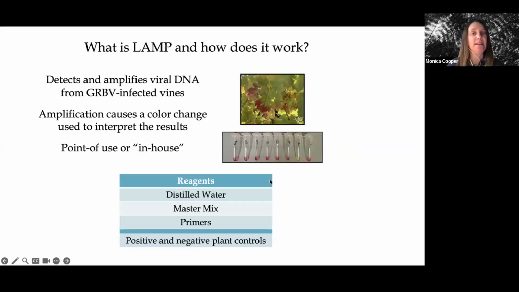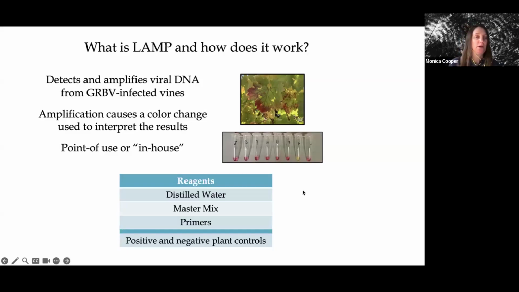So what LAMP does is that it detects and amplifies viral DNA from red blotch infected vines. That amplification, because of the master mix that you add to each of the sample tubes, if there is virus in that tube or in that sample, there's a color change. So pink means negative and yellow means positive.